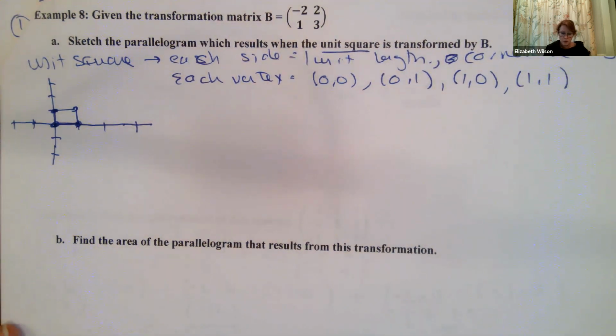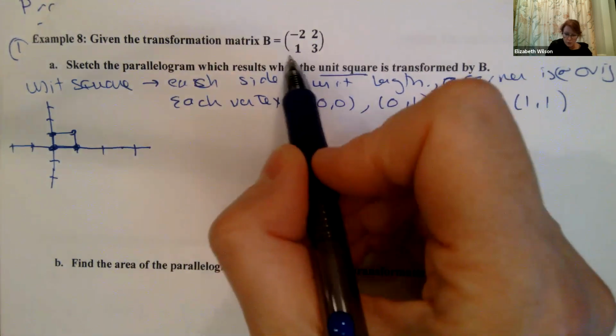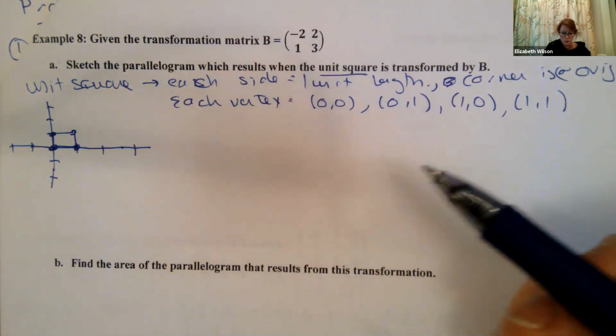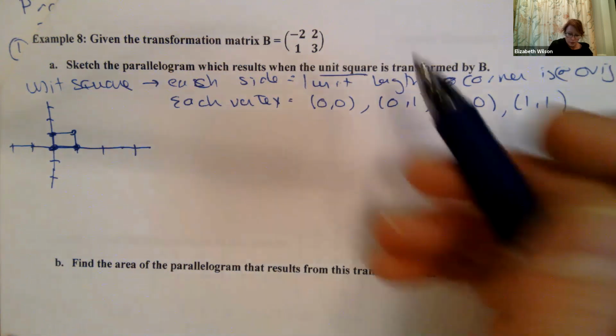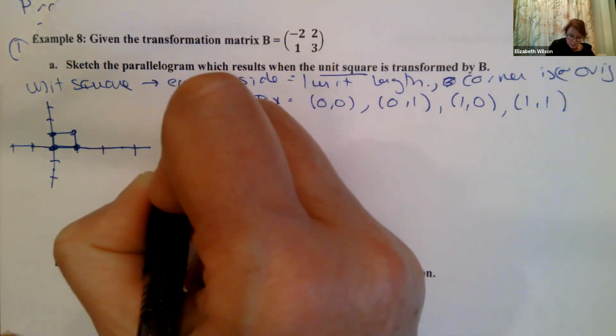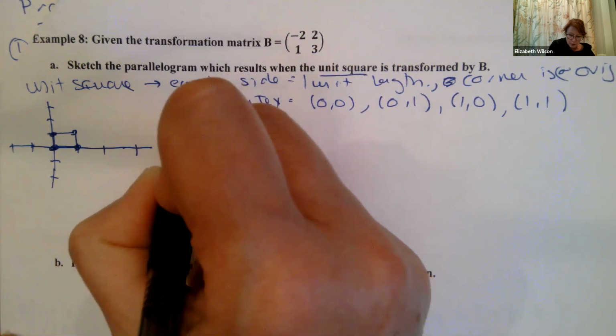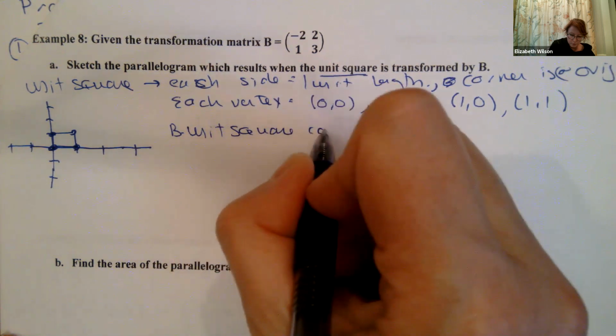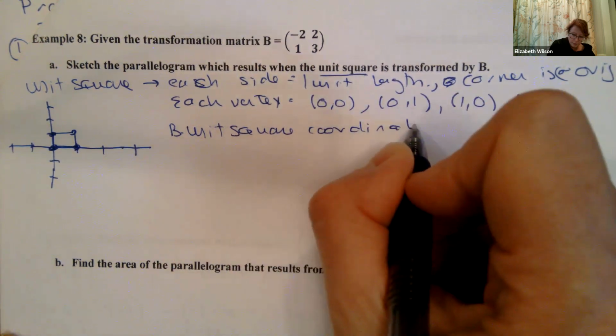Now what I want to do is transform this unit square by this transformation matrix B. So I'm going to take B times my unit square coordinates.